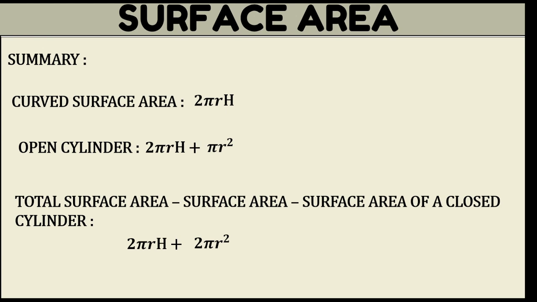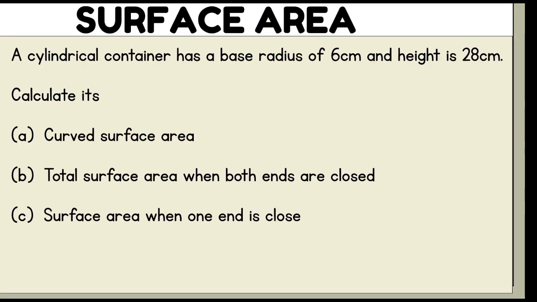Whereas the total surface area, or the surface area of a closed cylinder, is 2 pi rh plus 2 pi r square. Sometimes, if the question asks for the surface area without giving the condition whether the cylinder is open or closed, we use the formula 2 pi rh plus 2 pi r square.